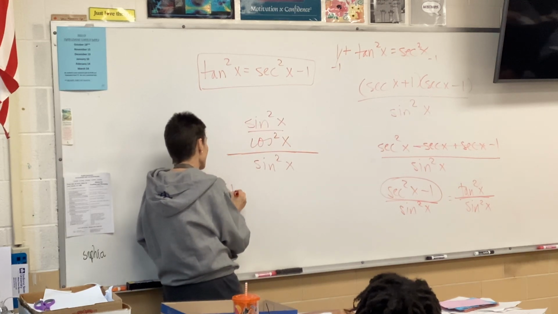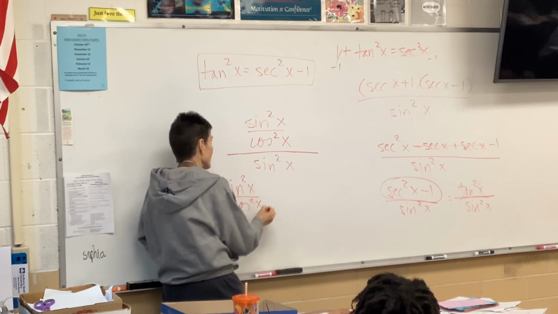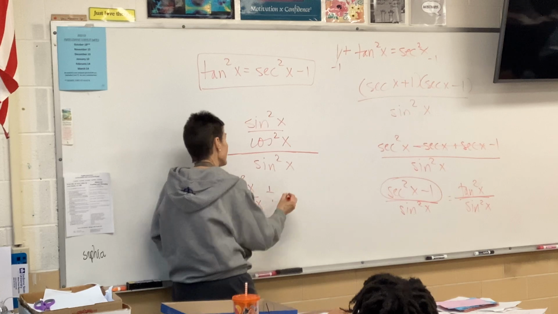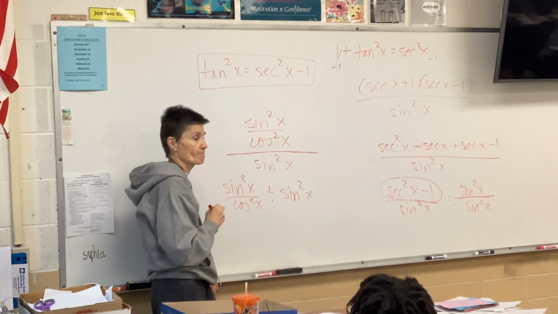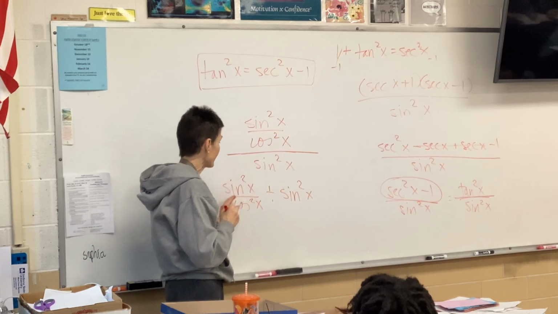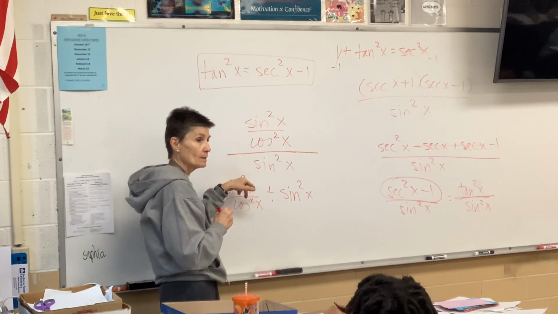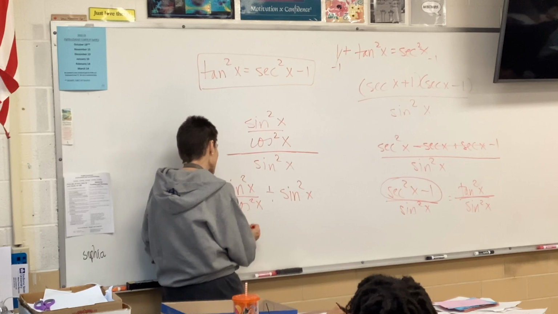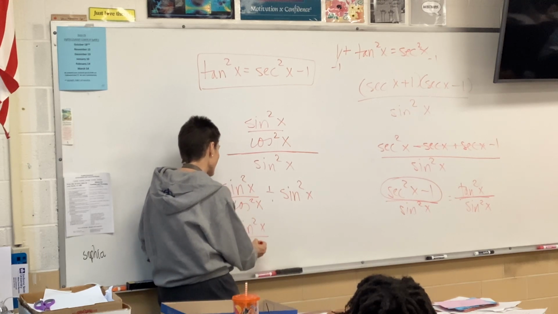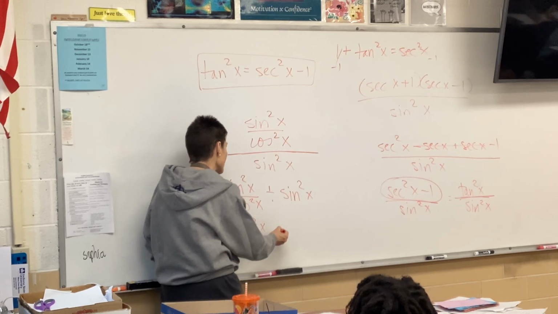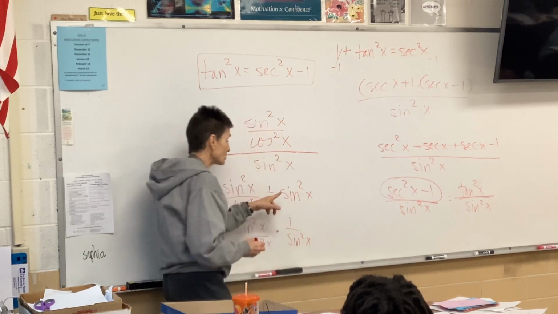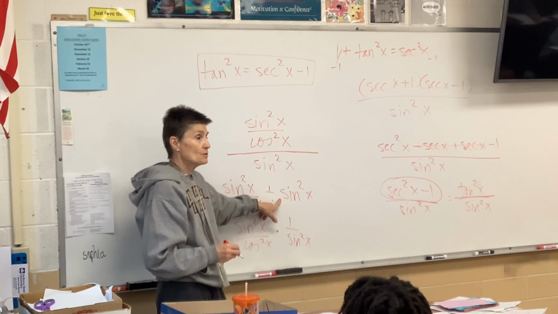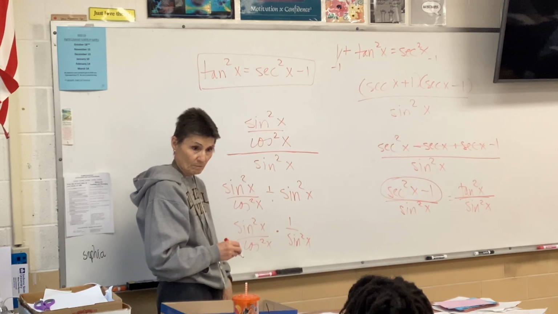So this is like sine squared over cosine squared divided by sine squared. This is just a longhand way of writing this out. Isn't that the same as sine squared over cosine squared times 1 over sine squared? Because when I do a division, don't I multiply by the reciprocal?